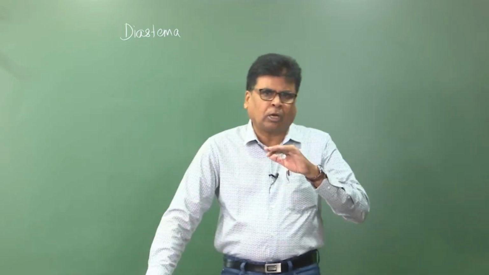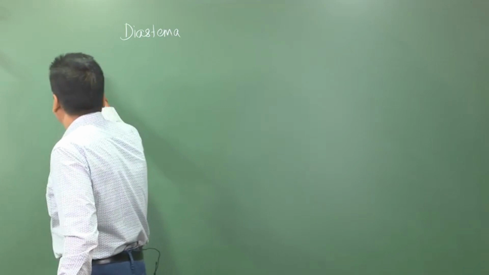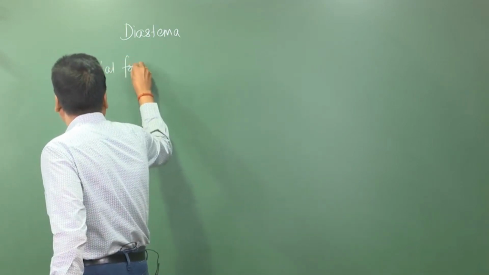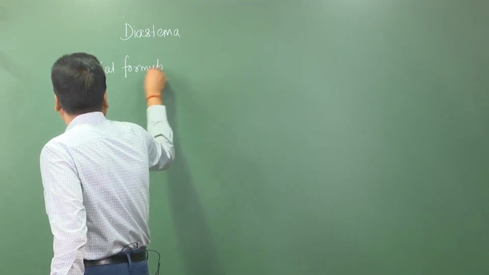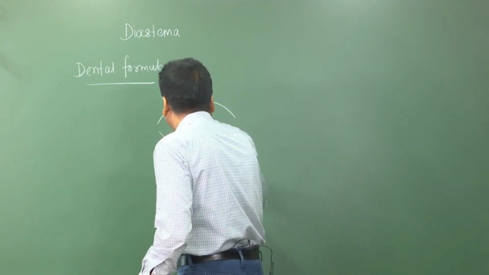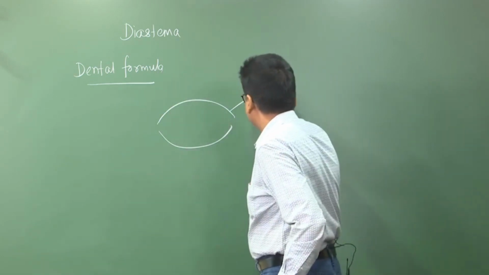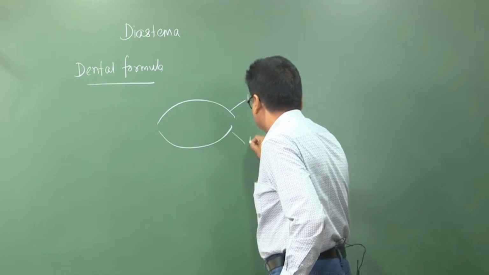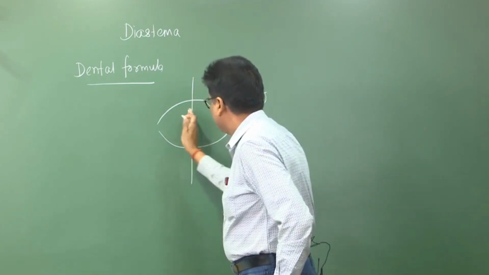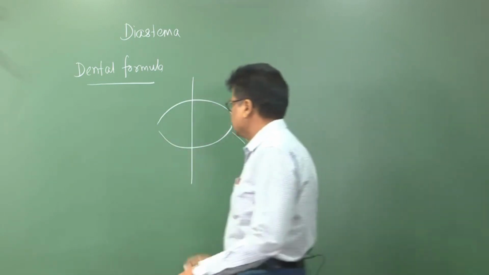Okay, so this is all about the dentition. Now come to the last part of this, that is known as dental formula. For example, this is the upper jaw and this is the lower jaw. You see the picture. We are bilaterally symmetrical, so this half is exactly similar to this part. Now consider this part.